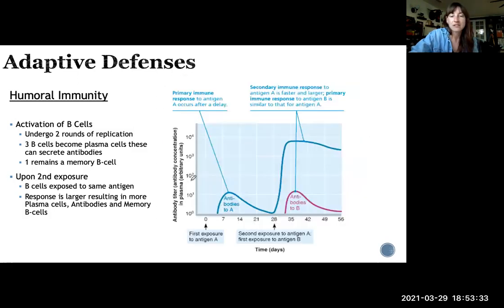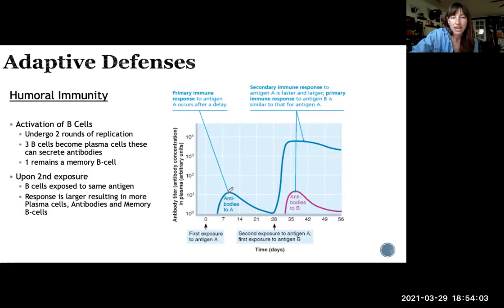Okay, all this information is the same. Don't be alarmed. This is just showing you how the response is so much different between the first exposure and the second exposure. The primary immune response occurs, it takes a little bit of delay. This is time in days, so this is maybe 1.5 or 2 days between here and here, right?